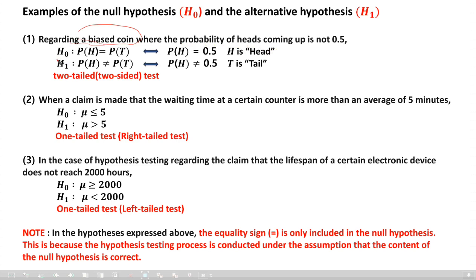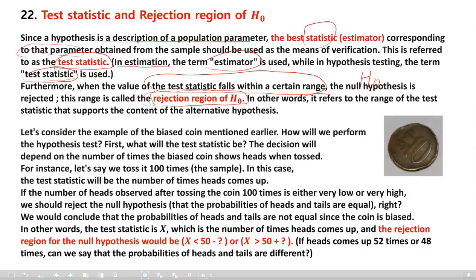So H0: the probability of a head and the probability of a tail are equal. But H1 is the new claim, your claim, because the coin is biased. So H1 is PH is not equal to PT, right? We call this kind of thing a two-tailed test. We concentrate on the two-tailed test here first.